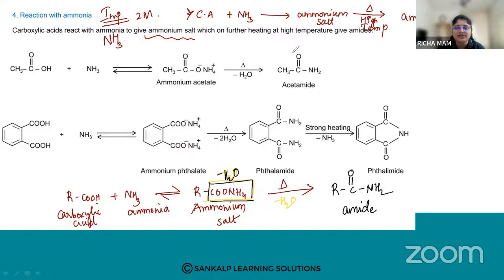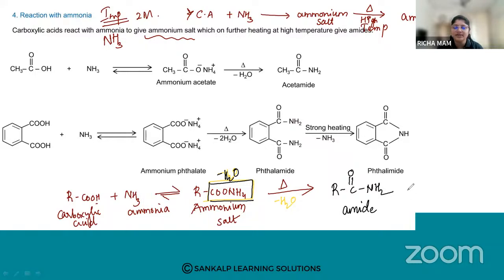So this is the reaction with ammonia, very important. Carboxylic acid, you react it with ammonia, you get an ammonium salt. This ammonium salt, when you heat it at high temperature, water will be lost, and you are going to get an amide.